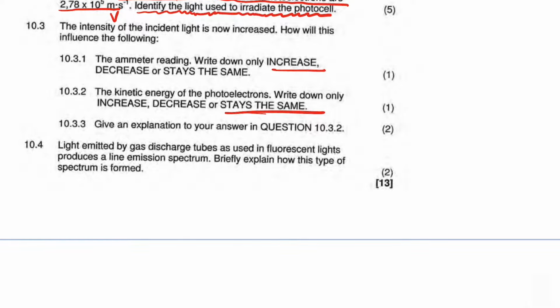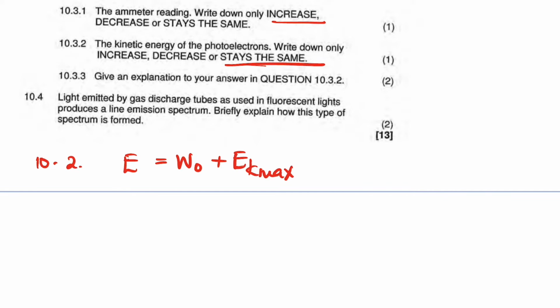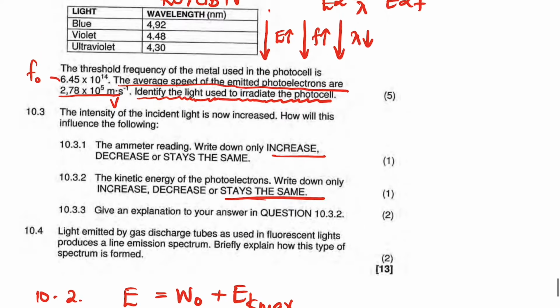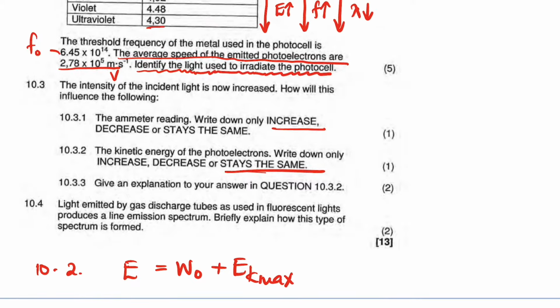It's 10.2. In 10.2, we're going to use the formula that says the energy of the photon is equal to the work function plus the maximum kinetic energy. Here we want the wavelength of the light.